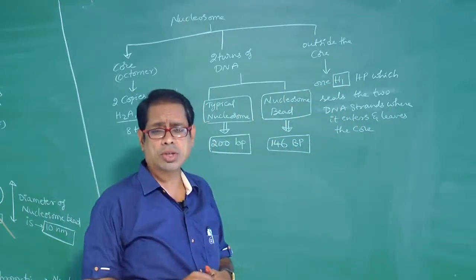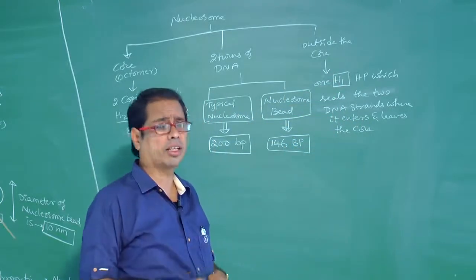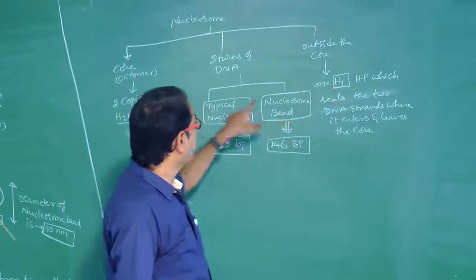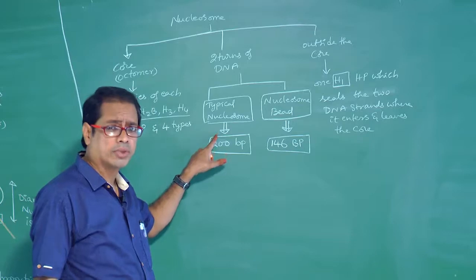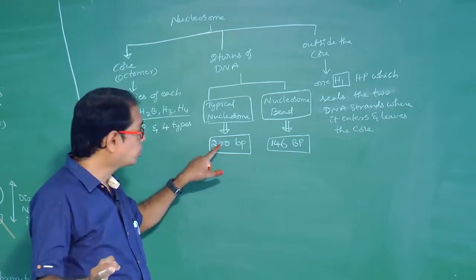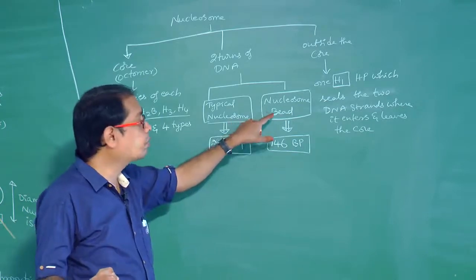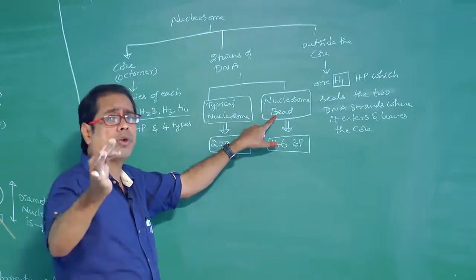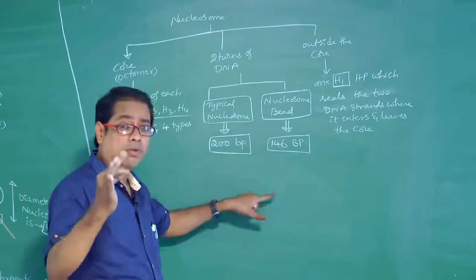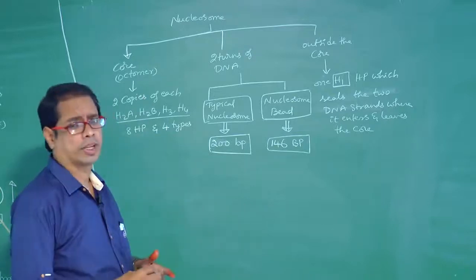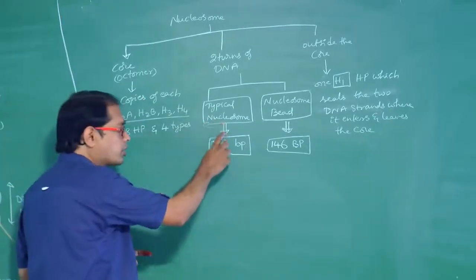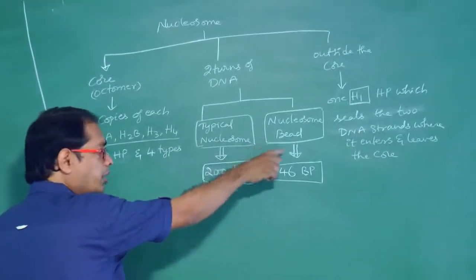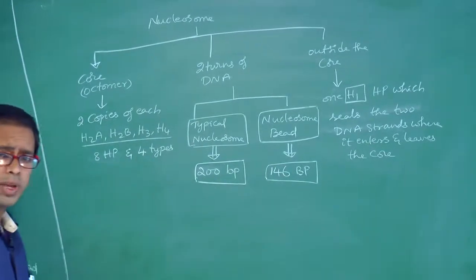So which one is useful for sealing? H1. A typical nucleosome has 200 base pairs, and the nucleosome bead has 146 base pairs. Like that you have to remember.